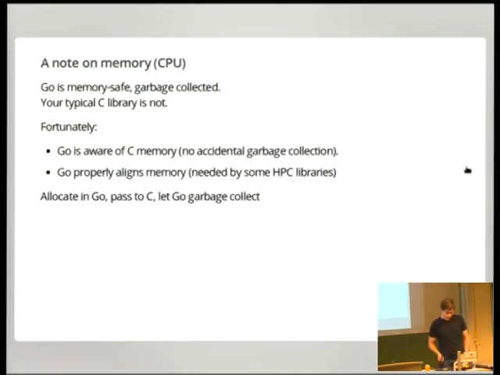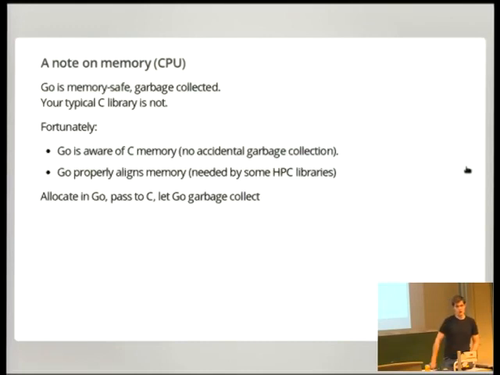Okay. So being able to call C is one thing, but we also share memory between Go and C. So won't that be a problem, because Go is garbage collected and C is not? Fortunately, you don't need to worry about it. Go is aware of C's memory space, so it will never accidentally garbage collect something that was mallocked by C. And it even gets better, because the memory that's allocated by Go is always very nicely aligned.